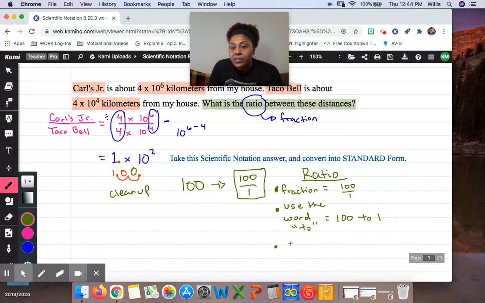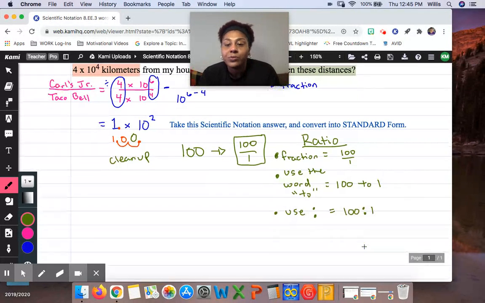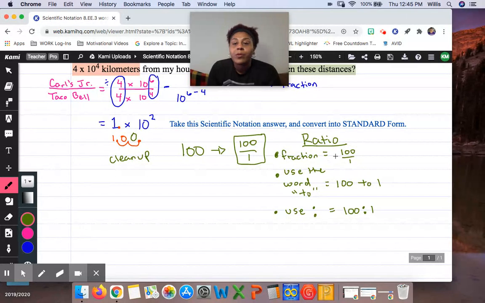And then finally, use a colon, which is 100 colon 1. So the 3 ways to write a ratio are like a fraction, 100 over 1, using the word to, 100 to 1, and then using a colon, 100 colon 1. But you say them all 100 to 1. And that's it.